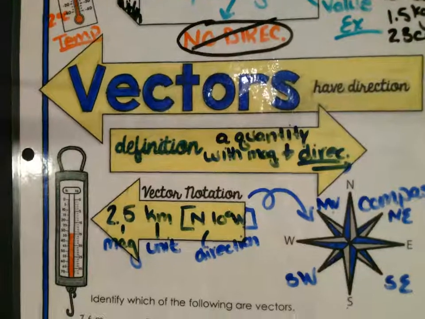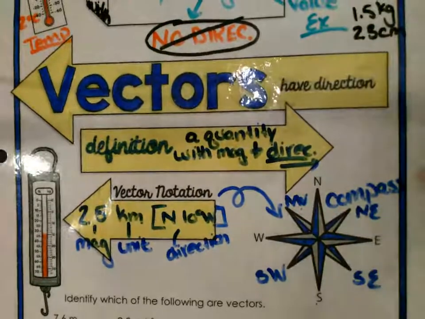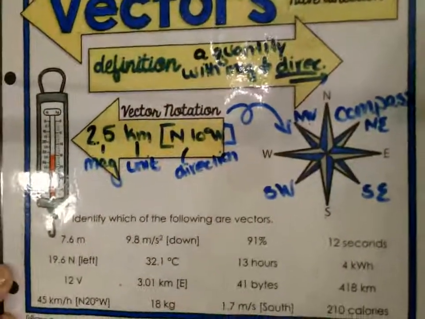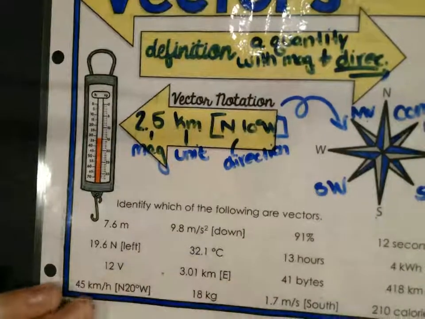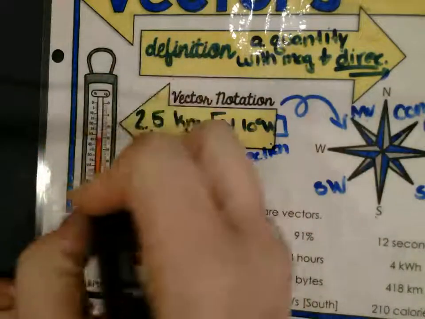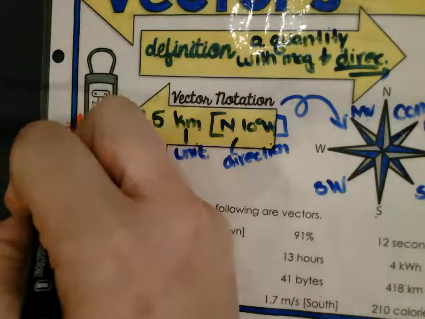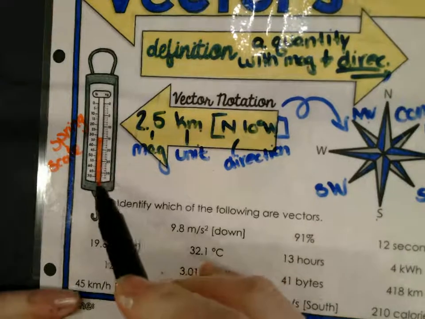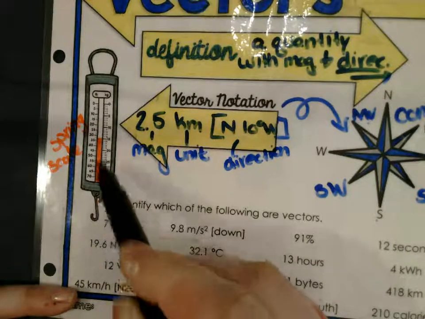So some things that we'll measure with vectors will be the direction you travel. You traveled 2.5 miles west. You traveled 2.5 miles north. How did you get home? We'll also use vectors to determine force. So this over here is called a spring scale. And this little spring scale, you've probably seen them or heard of them as luggage scales. You can use them as luggage scales. You're going to put something down here and it's going to pull down.